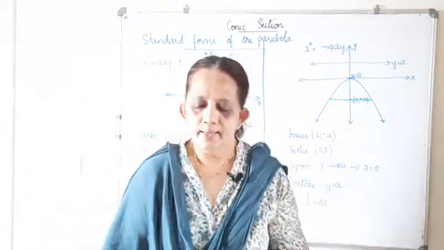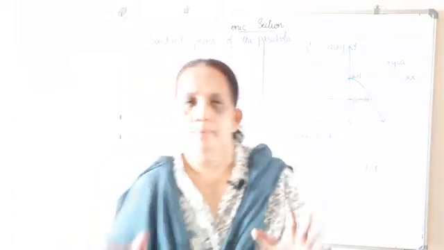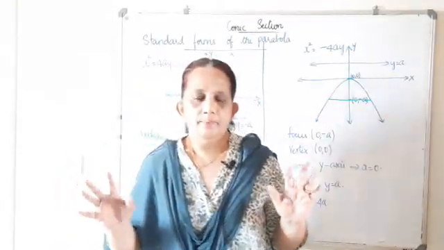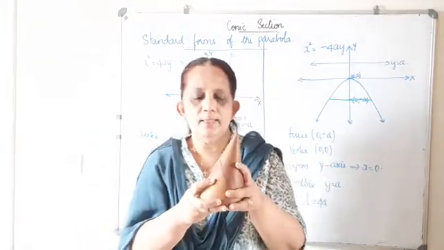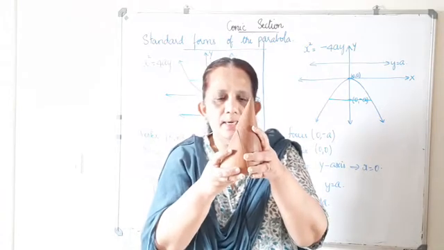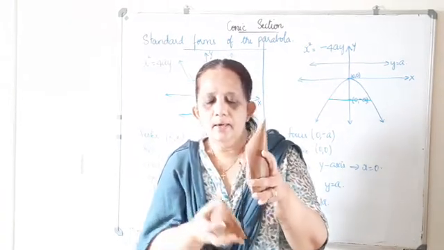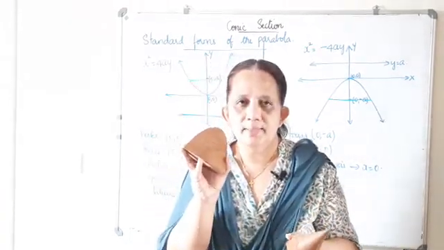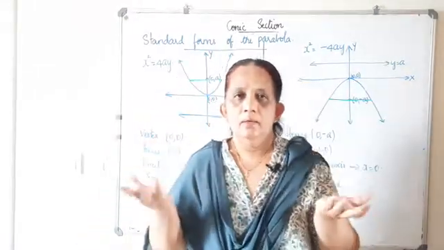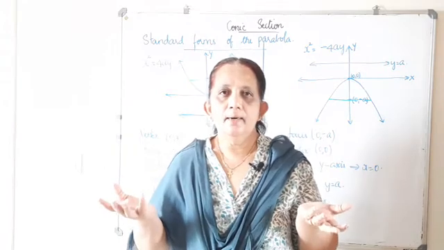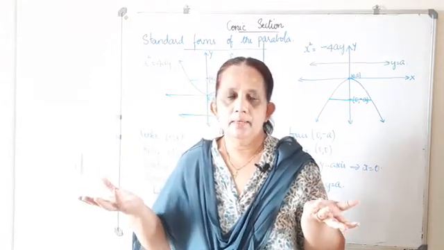So let us again recollect what we have studied. We have 4 types of conic sections. When a right circular cone is sliced parallel to the generator, we get what is called a parabolic section. Examples are the headlight of a bike or a cycle, and a dish antenna.